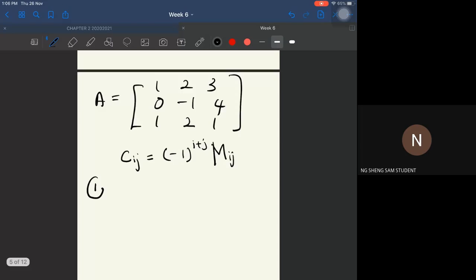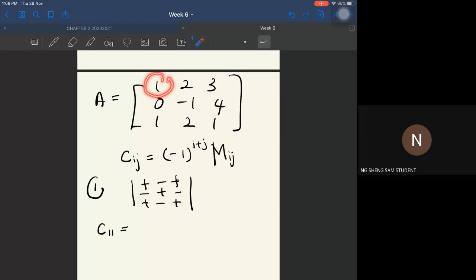Bila you nak cari cofactor, you buat dulu simbol tambah, tolak, tambah, tolak, tambah, tolak, tambah, tolak, tambah. Okay. So contoh you nak cari C11. So C11 ni value, ni simbol dia, betul? So the symbol is plus. So macam mana kita nak cari C11, kita akan delete row 1, column 1. So you dapat negatif 1, 4, 2, 1.